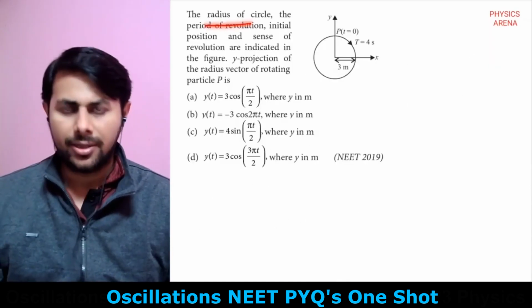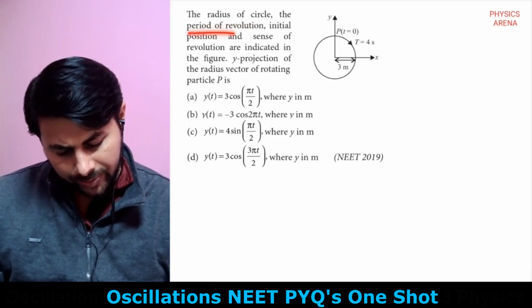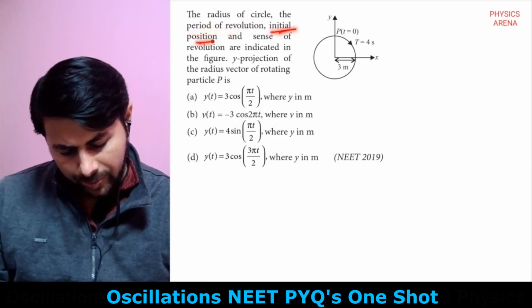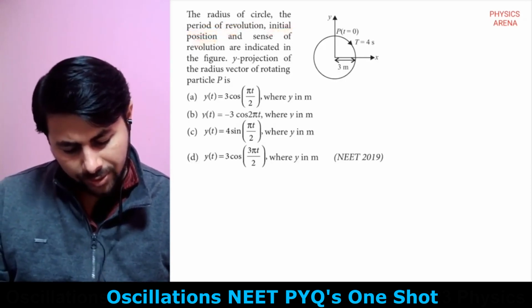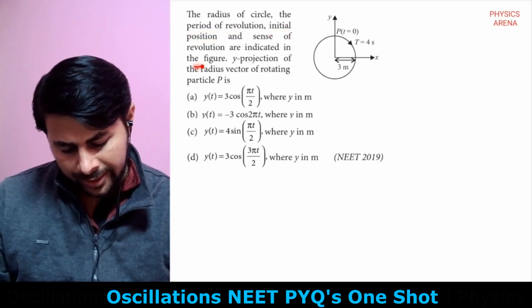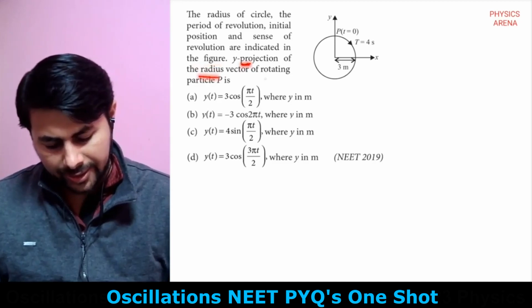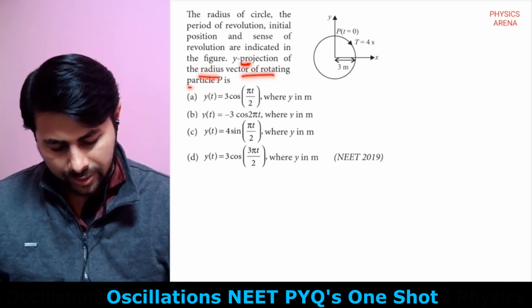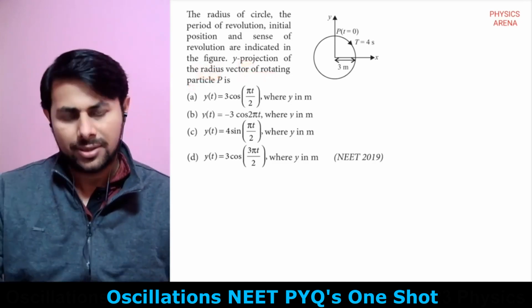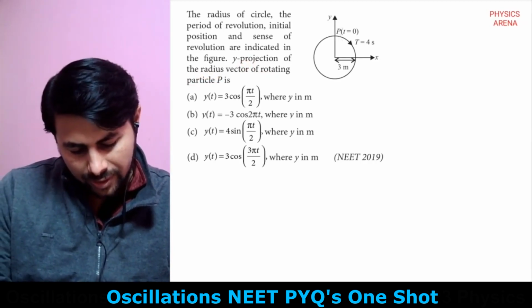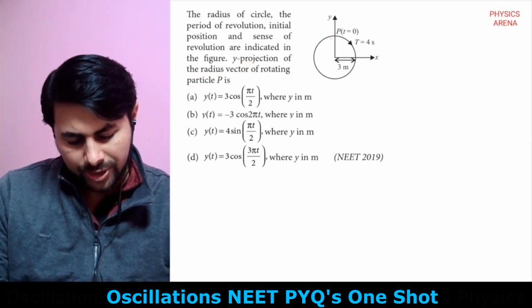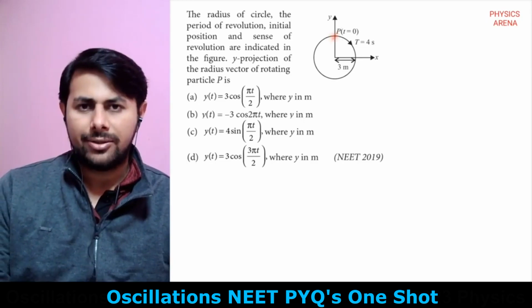The radius of a circle, the period of revolution, initial position, and sense of revolution are indicated in the figure. The y projection of the radius vector of rotating particle P is. See this particle, it is at this position at t equals 0.